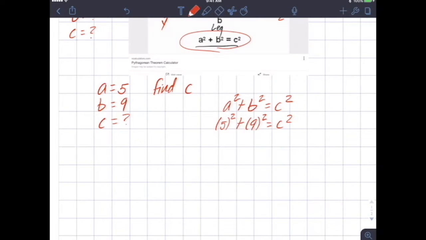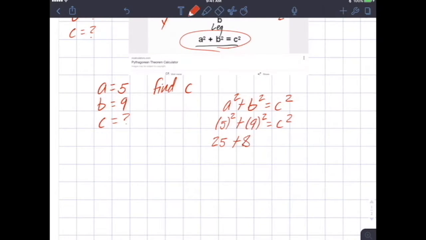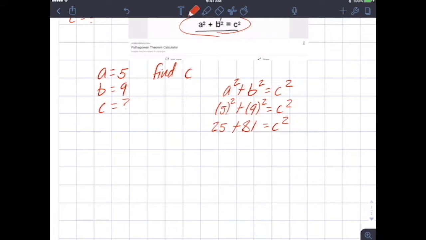Okay? 5 squared is 5 times 5, which is 25. Plus 9 squared is 9 times 9, which is 81. Equals C squared. Okay? So 25 plus 81, I have no idea. 106, I think. Okay?